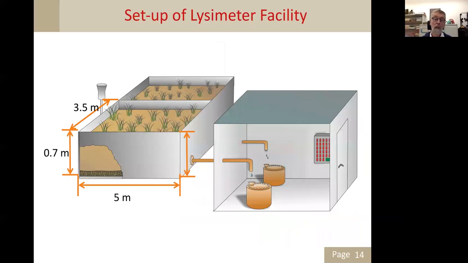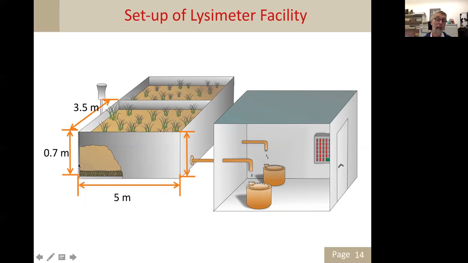And for that purpose, we constructed a lysimeter facility to investigate this problem under real world conditions. You see here the scheme of this facility. We have 8 basins. Each basin has a surface area of 5 meter length by 3.5 meter width, which is close to 18 square meters.